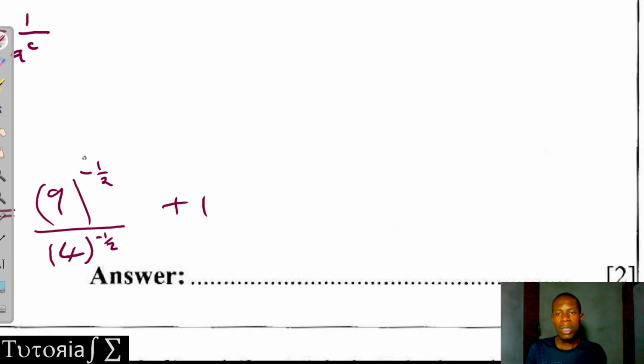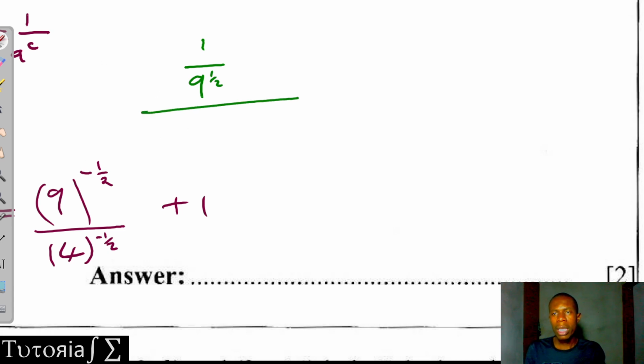Then remember what we said. Because of the negative, this can be written as 1 over 9 to the power half.